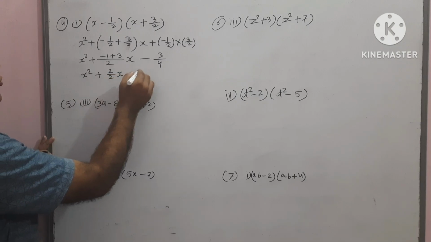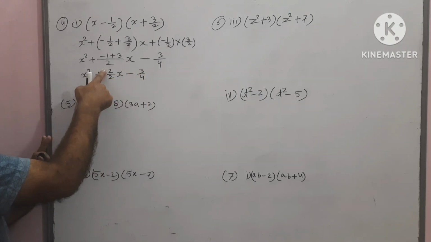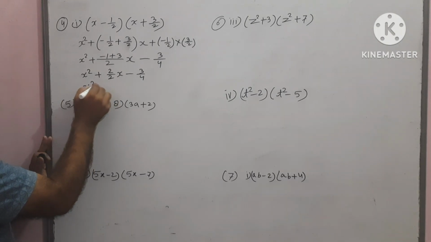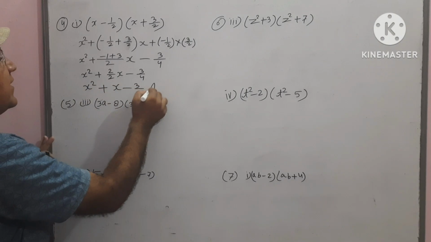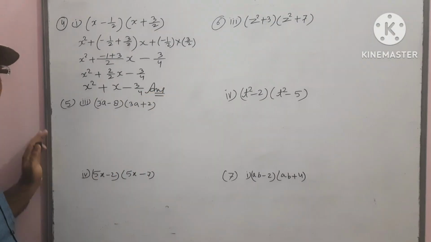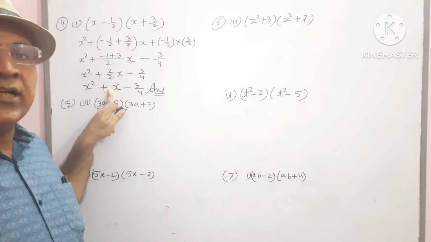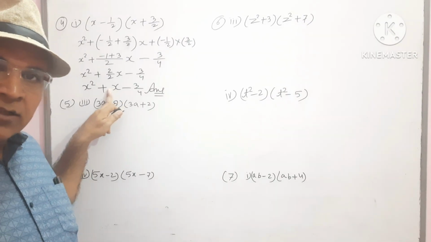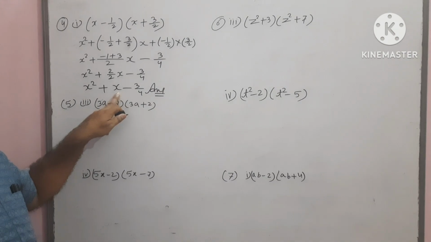So 2 upon 2x minus 3 by 4. 2 is dividing 2 coming 1. So x square plus x minus 3 by 4 is your answer. No need to write 1 before x because counting is always started from 1. So 1x is never written, always write x only.